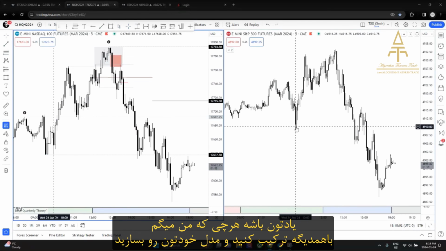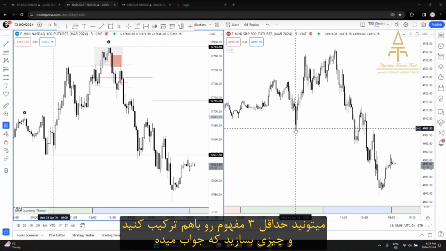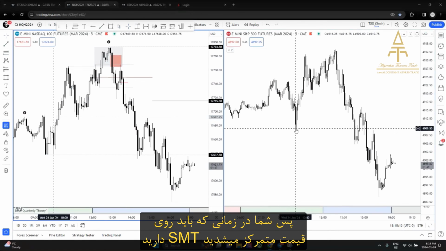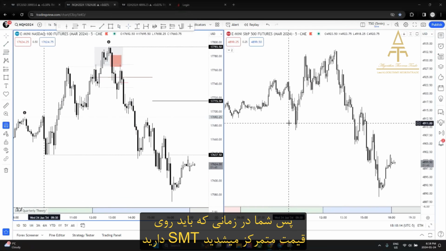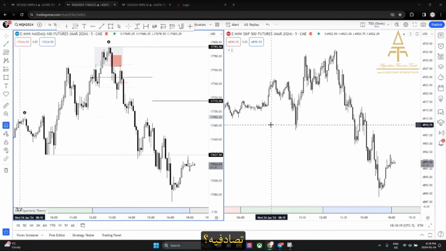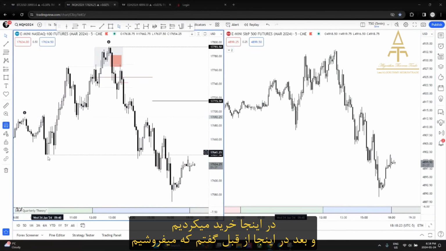Remember, everything that I talk about, you put together to make your own models, right? You can take at least 3 concepts and make something that works. So we had SMT during the time that I told you to focus on price. Coincidence? No.